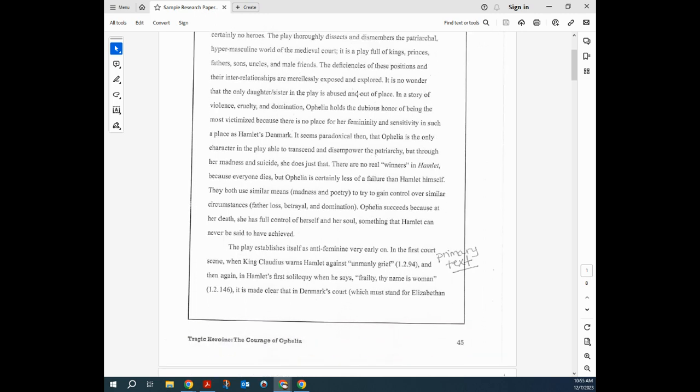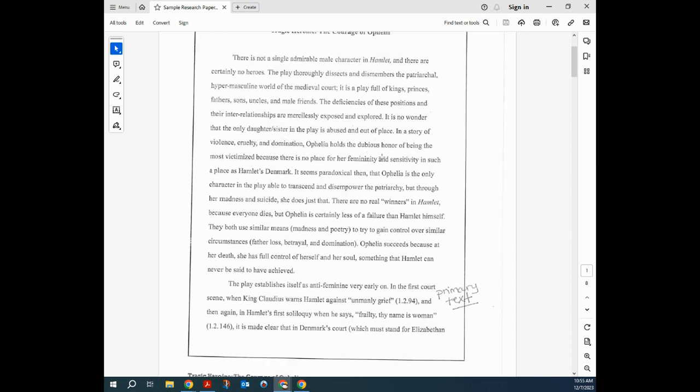Once the essay gets going, you'll see that the student is making their thesis in several different places. She starts off with her thesis. It's multi-pronged, this thesis is. She makes the statement that it seems paradoxical then that Ophelia is the only character in the play able to transcend and disempower the patriarchy, but through her madness and suicide, she does just that.